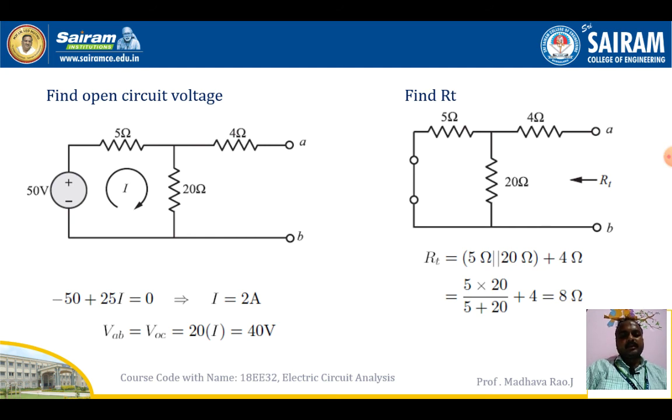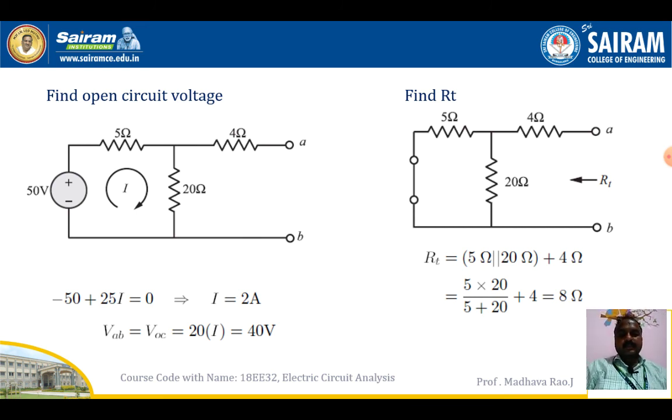RT is found by applying the parallel-series combination of resistances. 5 ohm and 20 ohm are in parallel, and after finding the parallel combination, the 4 ohm resistor is in series. So RT is equal to 8 ohm.